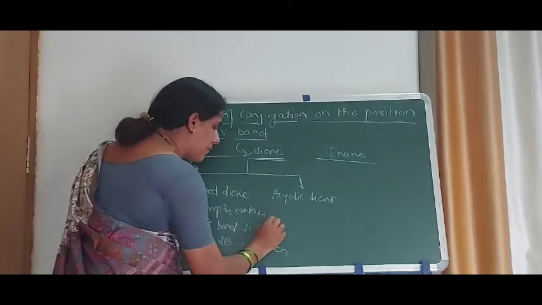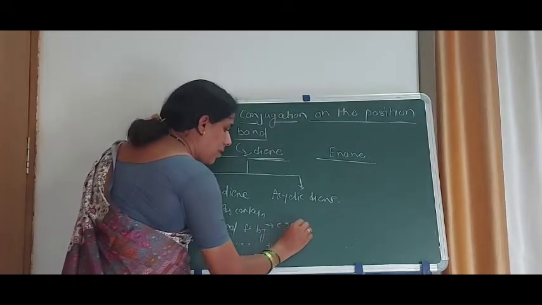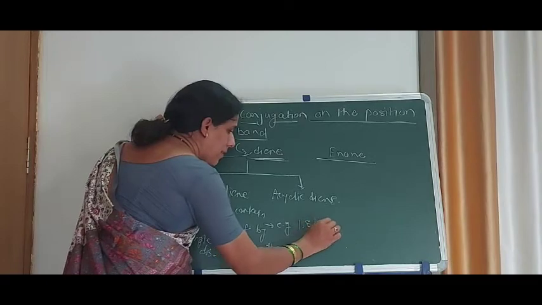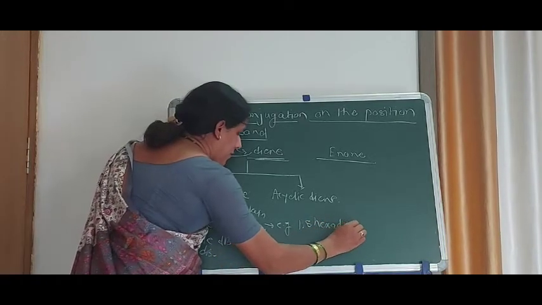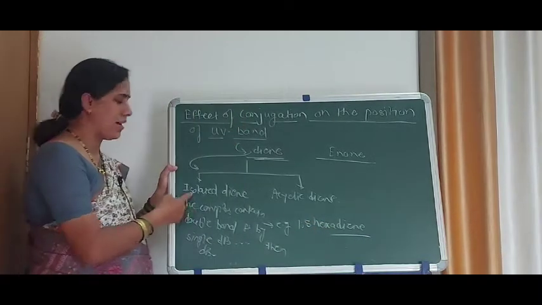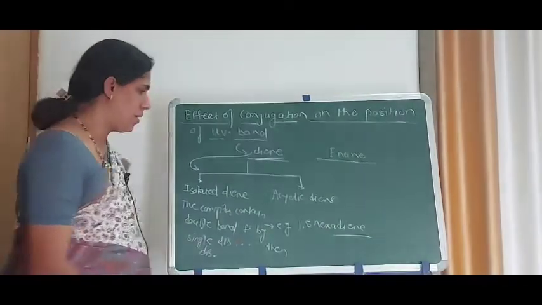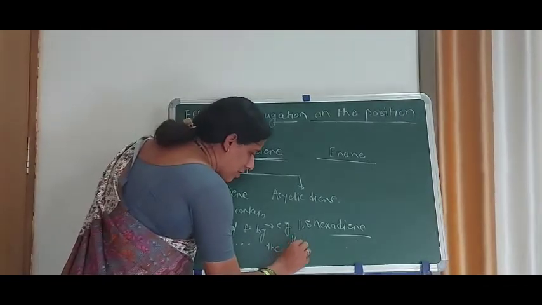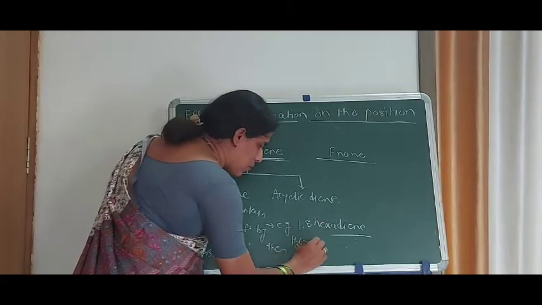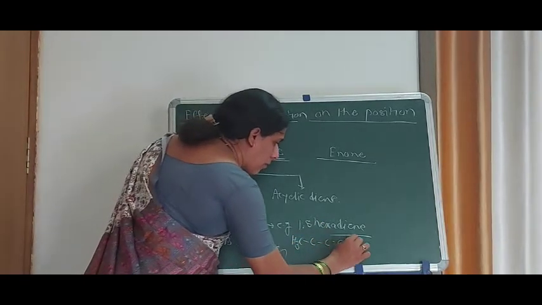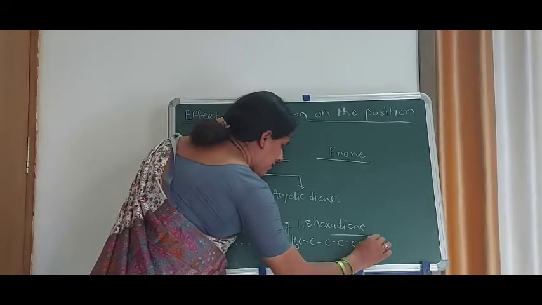For example, 1,5-hexadiene. An isolated diene example is 1,5-hexadiene. What is the structure? See here, hexane means 6 carbons: 1, 2, 3, 4, 5 and 6.